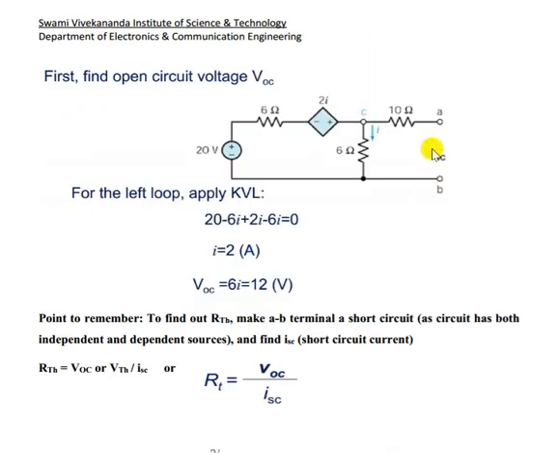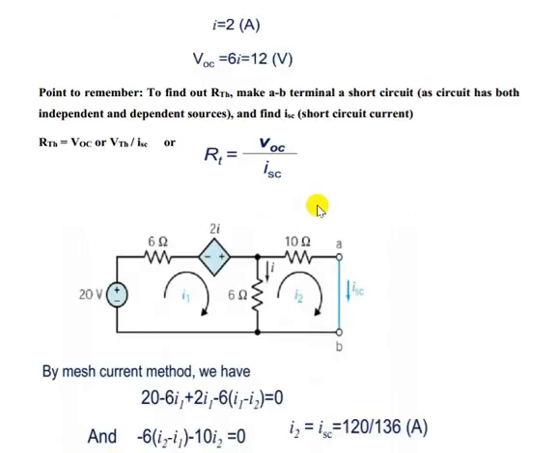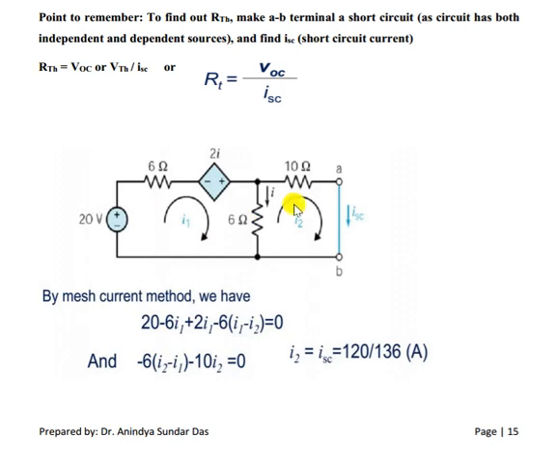Now to find out RTH, what we can do, we can make a short circuit from point A to B, and we can find out the short circuit current. Then RThevenin will be VOC by ISC, short circuit current. Okay. In that method, we don't have to deactivate the independent source. So I am making a short circuit and finding out the short circuit current. So we can apply the KVL or mesh analysis.